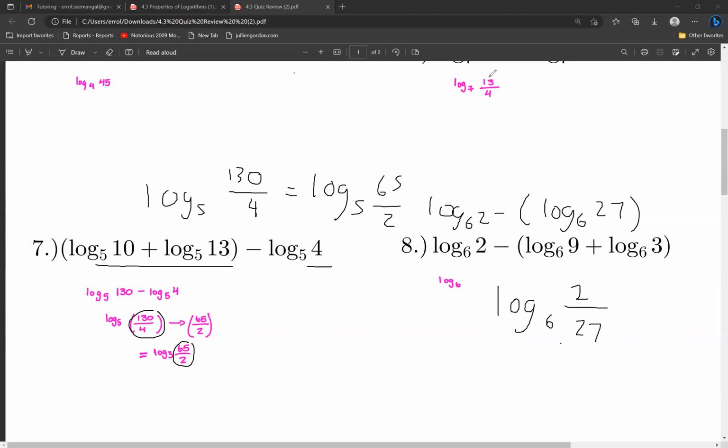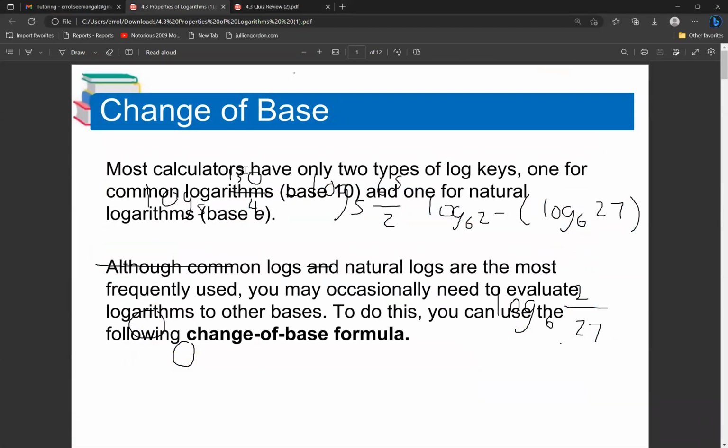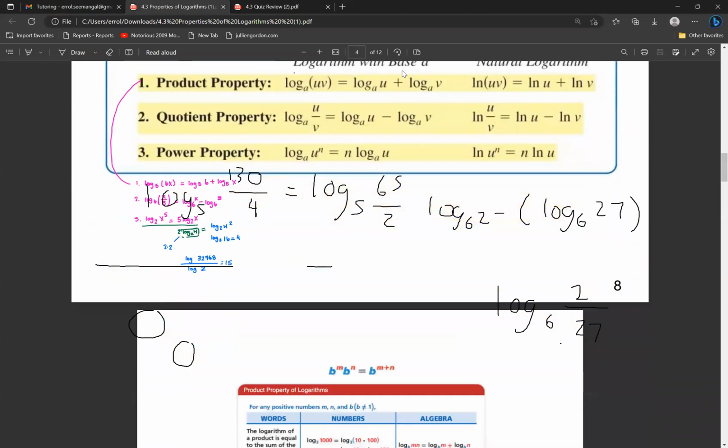Let me check your other notes. Make sure that's right. The first one would be the numerator. The second one would be the denominator. Okay, so this one right here. Yep. My first one is my numerator. My second one is my denominator.